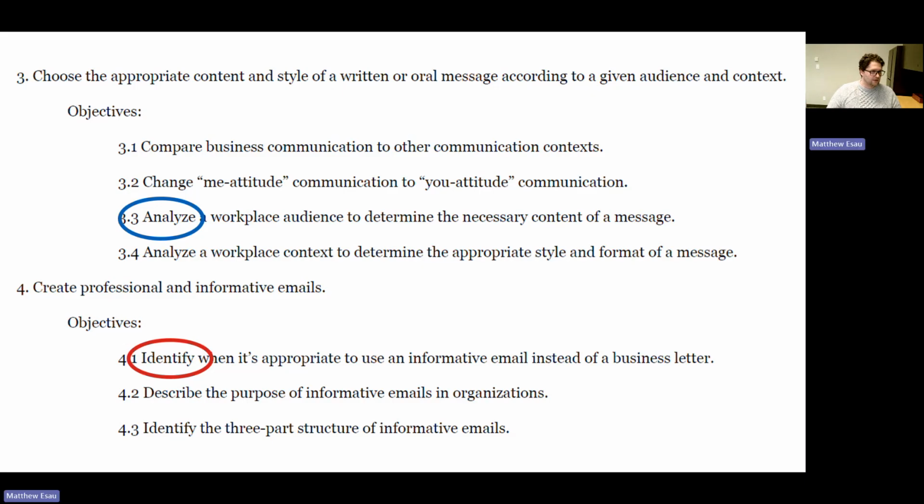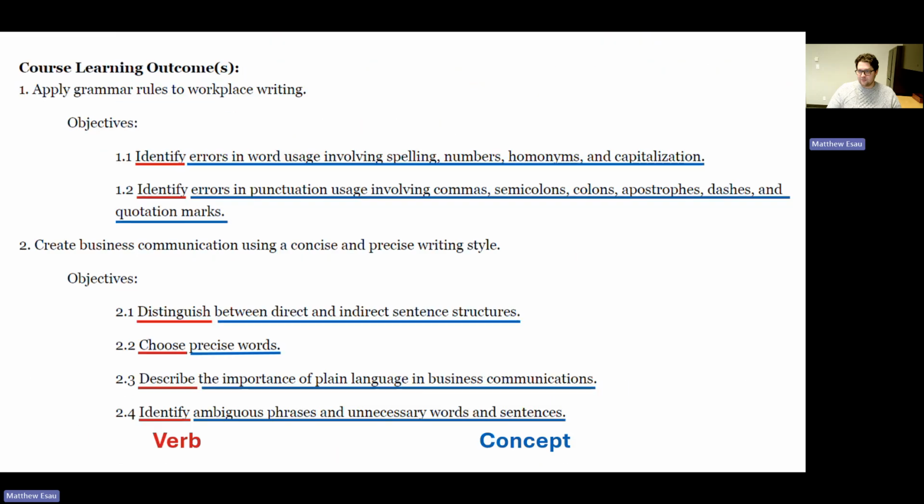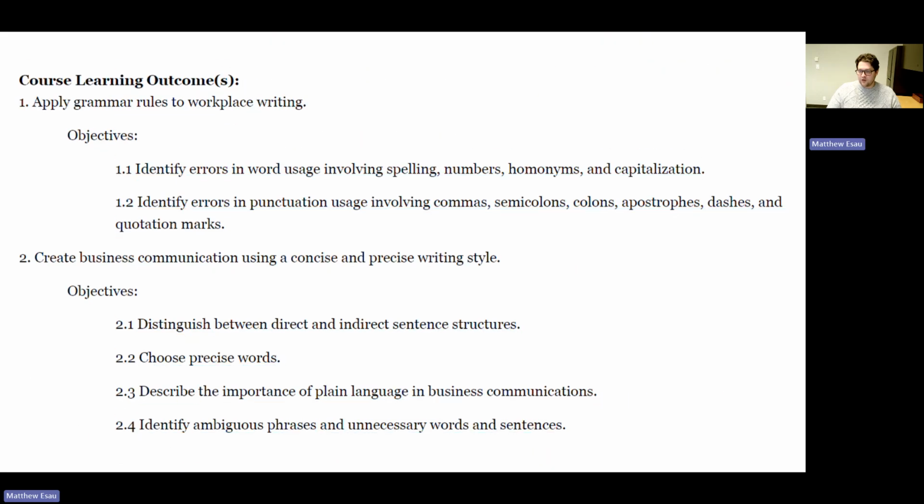So the course outline, the learning objectives, has a lot of tips for what to study. It's helpful to convert these into questions when you're going through your materials. In the previous slide example of 2.1, distinguish between direct and indirect sentence structures, I'm making sure that I'm pulling that information out of my materials by turning it into questions like, what is a direct sentence structure?